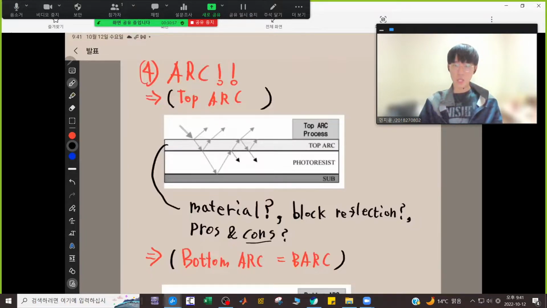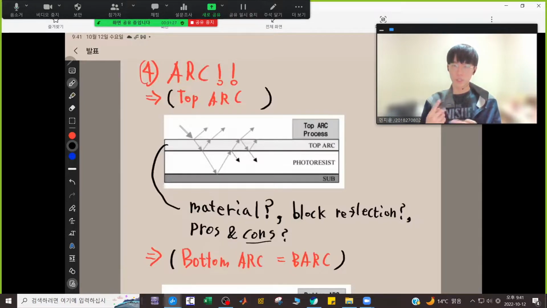This method has the advantages of being cheap and easy to make, but it also has poor edge selectivity, a solvent problem, and a non-uniform coating problem.